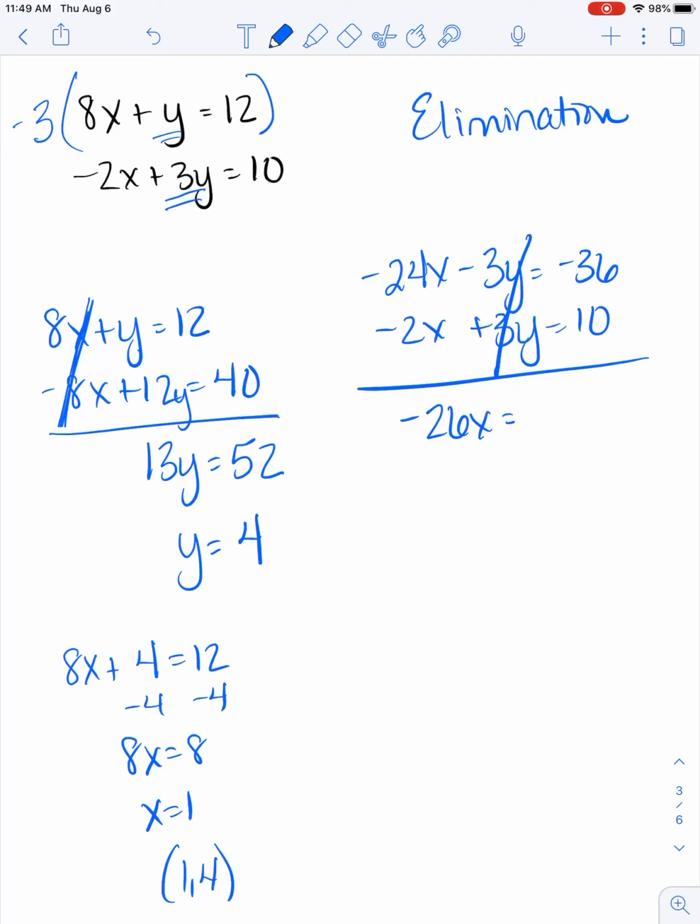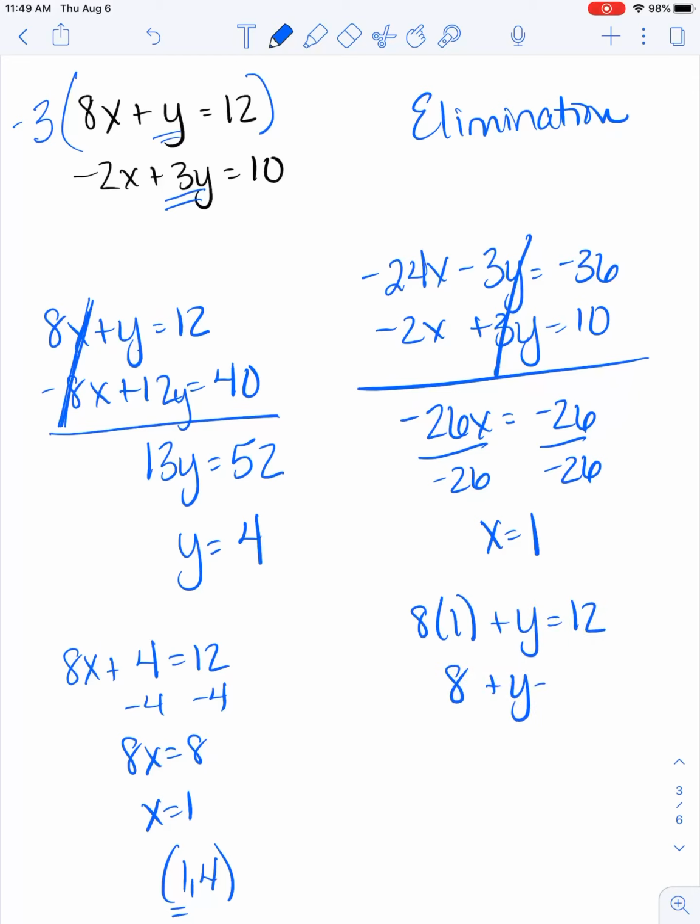So now I have a negative 26x equals a negative 26, divide by negative 26, and I get x equals 1, which is what I got when I did it the other way. And now that I know that x is 1, I can plug it back into the top equation, or the bottom, doesn't matter, as long as it goes in for the x value.